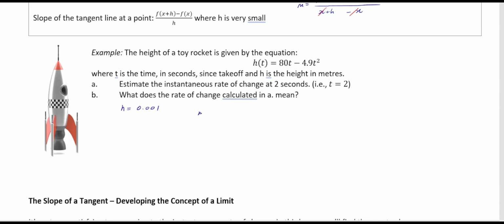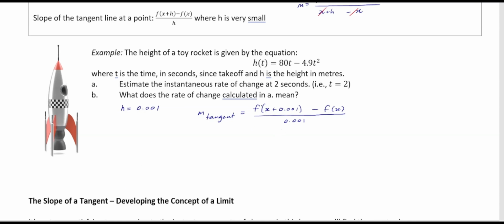So the slope of the tangent is going to be f of x plus 0.001, we make our h very small, minus f of x, all over h, which is just 0.001, my h value right there.